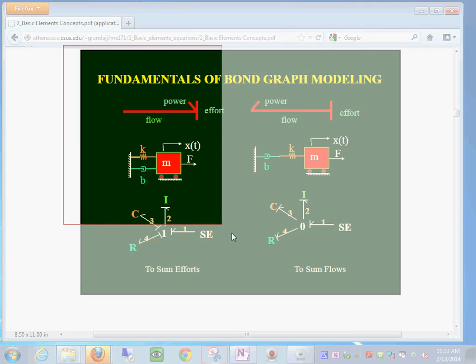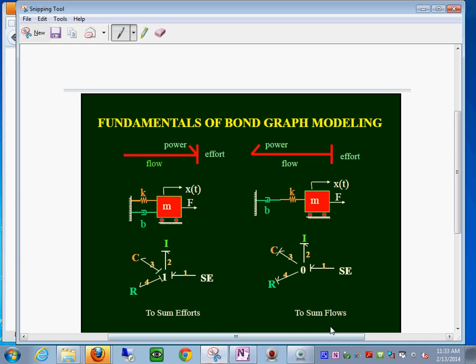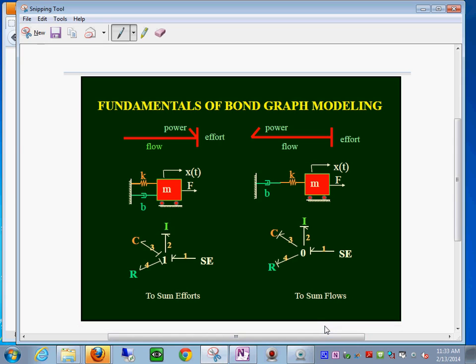This is your input, the effort. So we're going to represent that with the symbol. This is called source effort, where effort is for force. So this is the input in here.